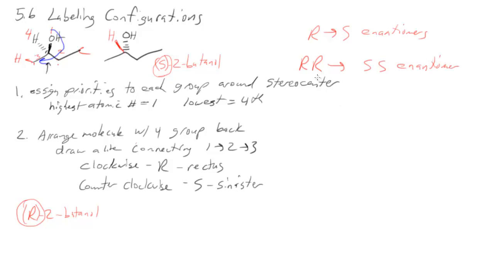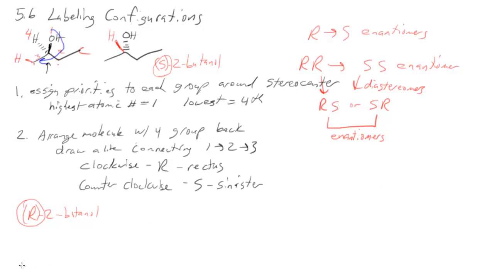That means that if I have any that only have one changed, RS or SR, those are diastereomers of the original molecule. Now, RS to SR, these two would again be enantiomers because both stereocenters are exactly opposite. So anytime that you have more than one stereocenter, all of the stereocenters need to be completely opposite to be the enantiomer of that molecule.